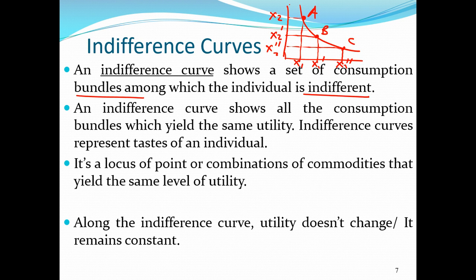Therefore, for him to be indifferent, the utility at A should equal the utility at B, which should also equal the utility at C. Then this guy is indeed indifferent.